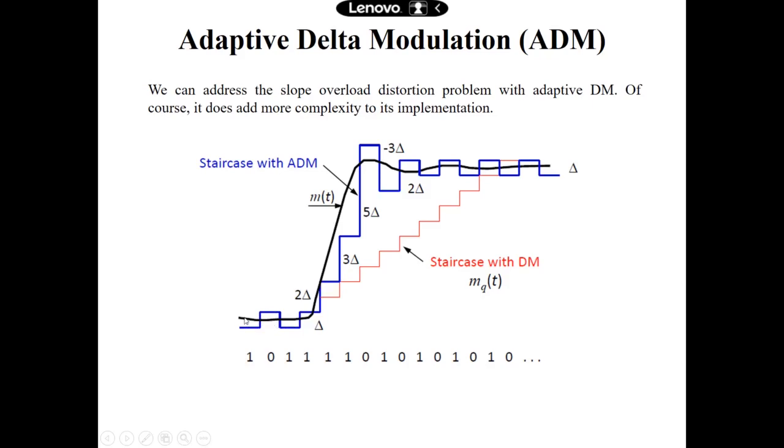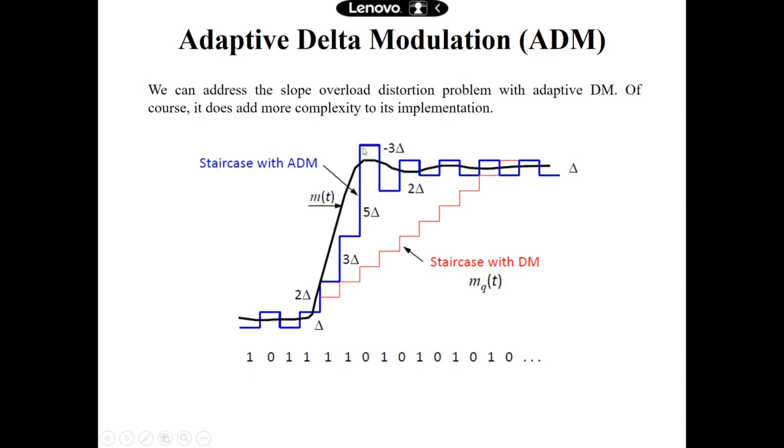So depending upon the waveform we are using, when it sees that the amplitude is increasing at a higher speed, it increases the step from delta to 2 delta or maybe 3 delta and 5 delta.